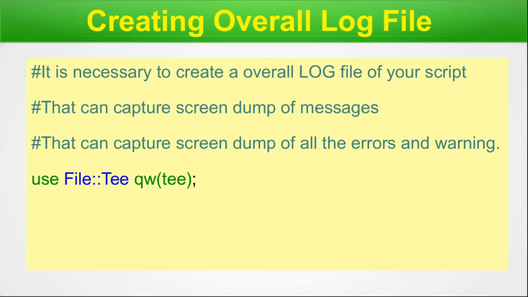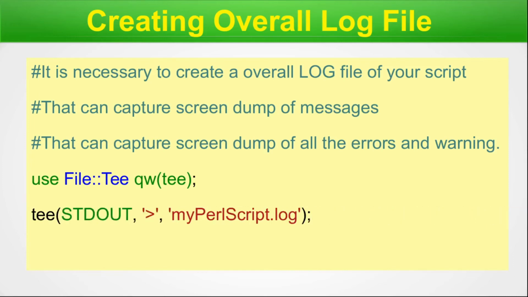It does a tee, so that means it's tee like in Unix. It also prints on your monitor and also dumps in the log file. Then tee STDOUT, and the operation is a write operation, that's why the greater-than sign, and then myperlscript.log. So it will contain all the normal messages.